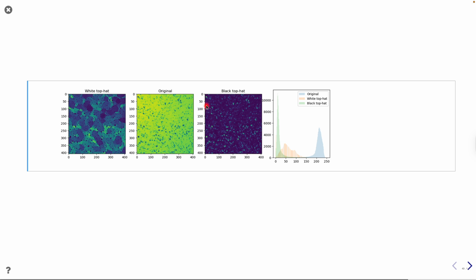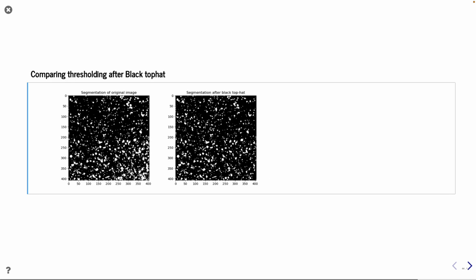The black top hat, on the other hand, manages to actually extract the dots, with the cost that the intensity is flipped. But that's a quick one to correct for. So what happens if we take the black top hat and compare it to segmenting the original image is that you saw before that the cells in the original image were much smaller up in the left corner than in the lower right corner.